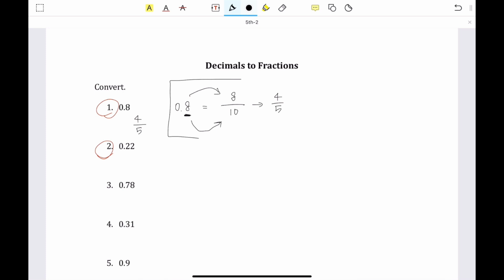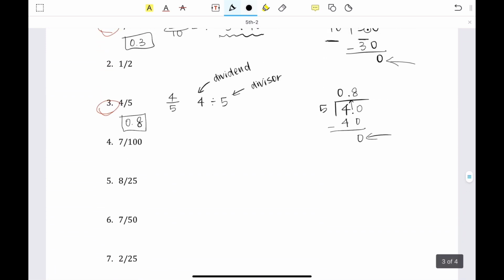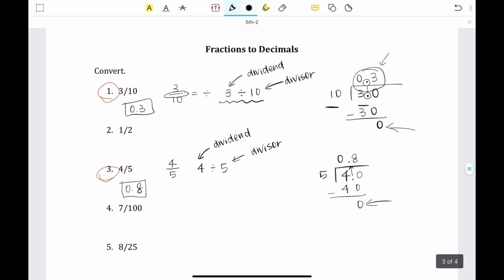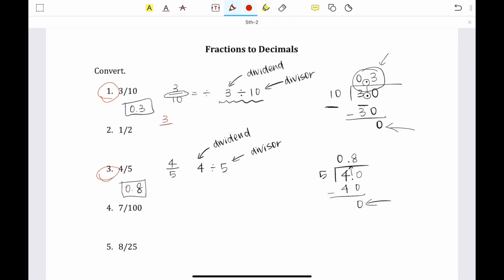Now, the reason why this shortcut works is because if you go up in the previous section when we went from fractions to decimals, we were able to convert 3 over 10. I'm going to do this in red. We were able to convert 3 over 10 to equal 0.3. Now over here, you see your 3 is in your tenths place, so you put the 3 over the 10.